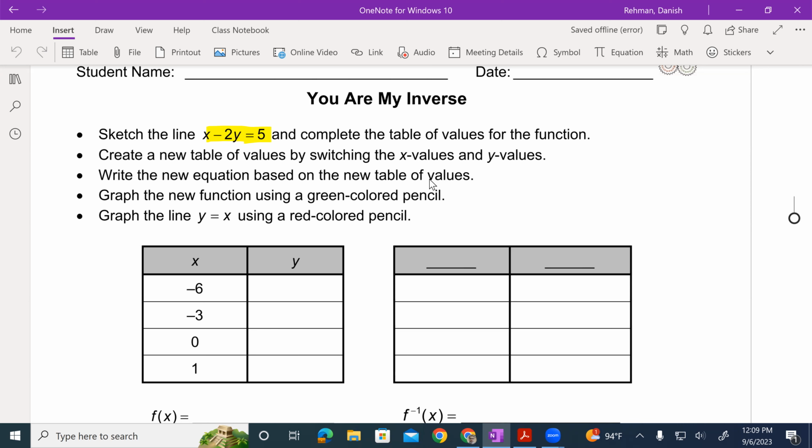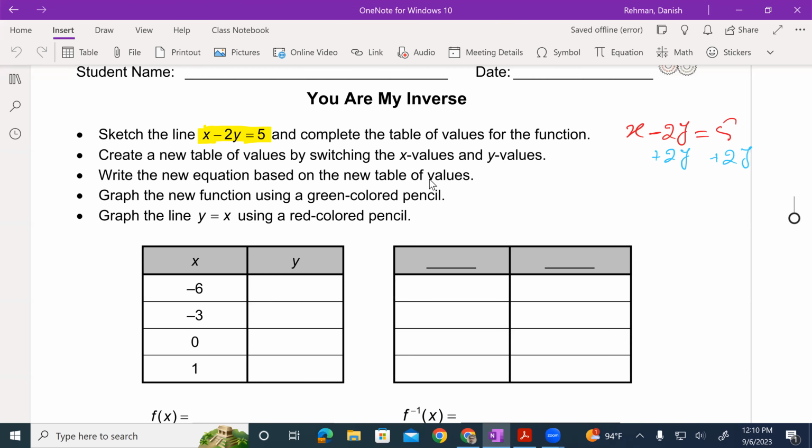Now we're not sure which of the variables here is being defined by which one. I can write this function in two ways. Let's look at this. If I have x minus 2y equals 5, I will always be going with the inverse operation.